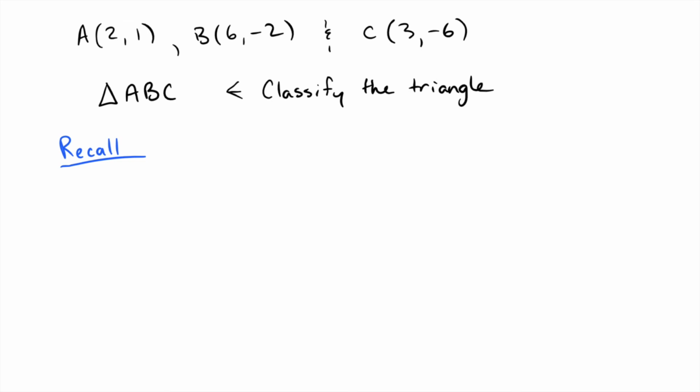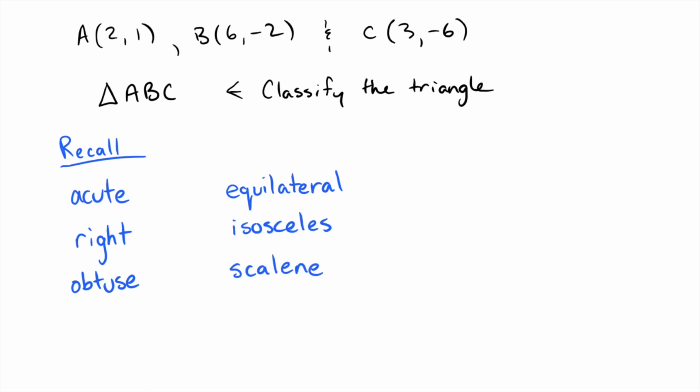The first way is based on their largest angle, so a triangle can be classified as acute, right, or obtuse. We also classify triangles based on the number of equal sides that they have, so a triangle can be classified as equilateral, isosceles, or scalene.